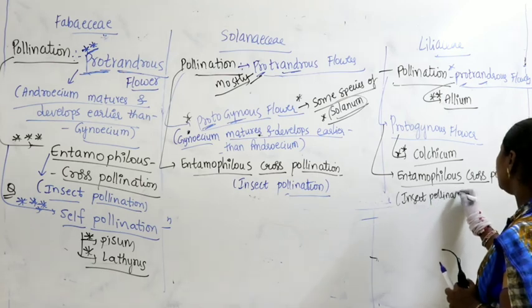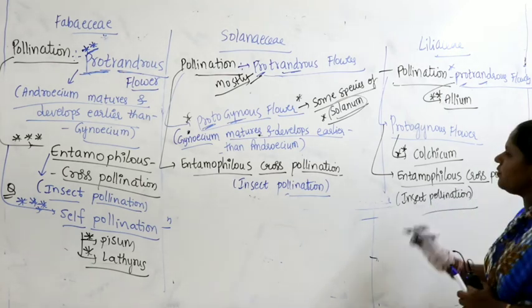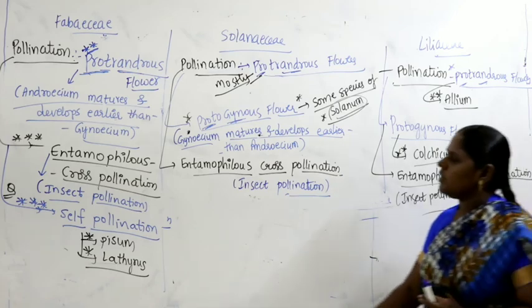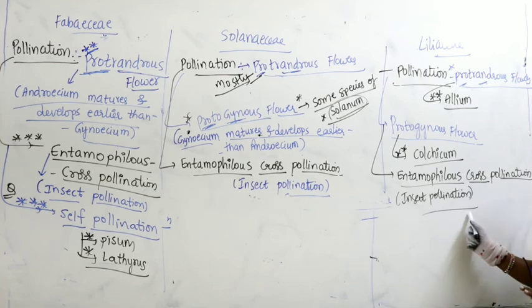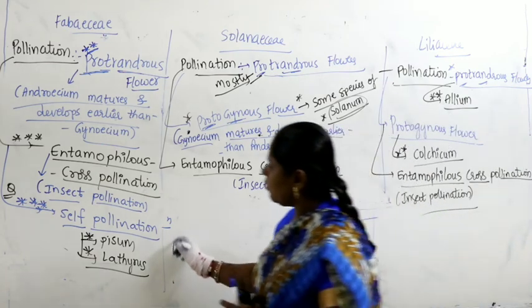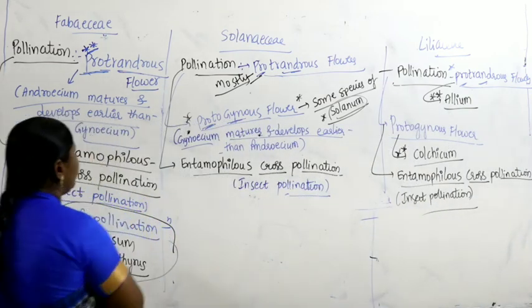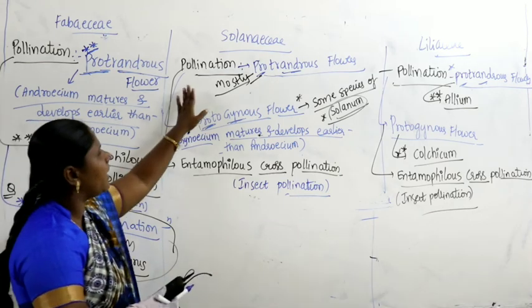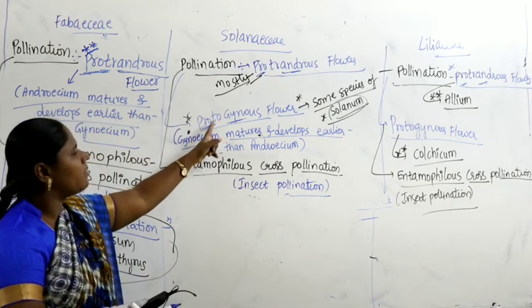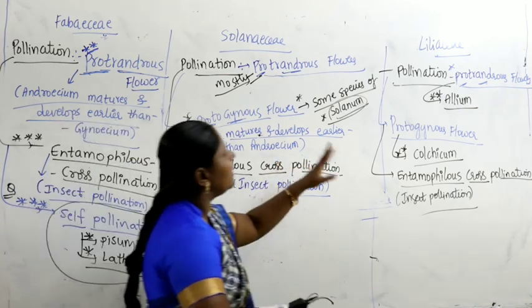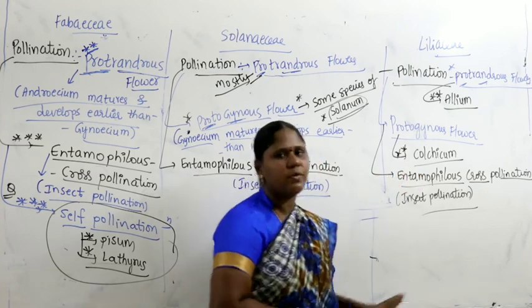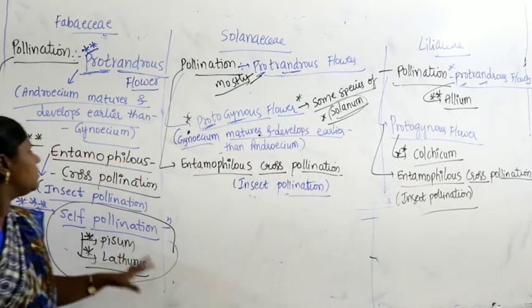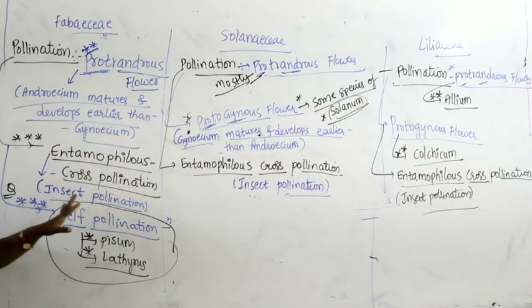Insects are involved in transfer of pollen grain from one flower to another flower. Mostly in Solanum protandrous, except some species of Solanum which are protogynous, whereas in Liliaceae protandrous condition is observed in Allium and protogynous in Colchicum. These things are very important to remember when it comes to pollination.